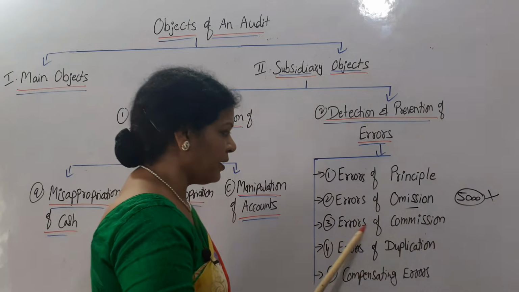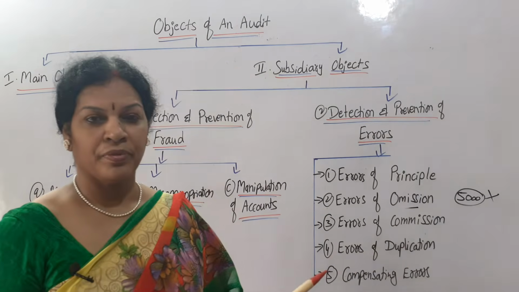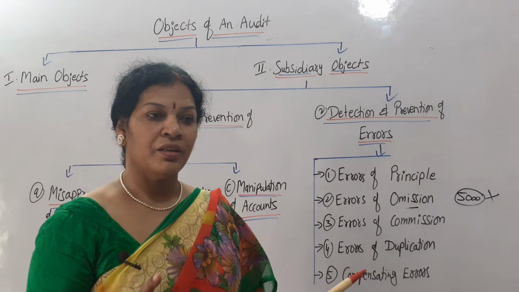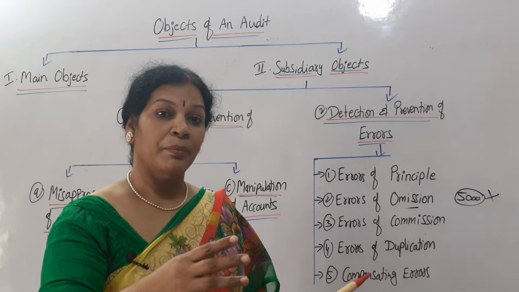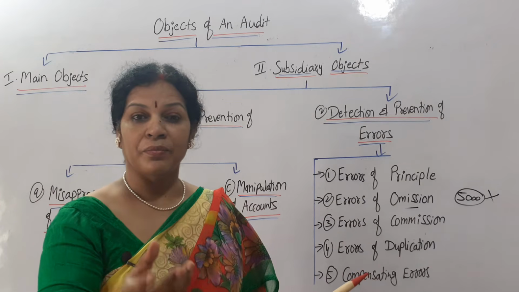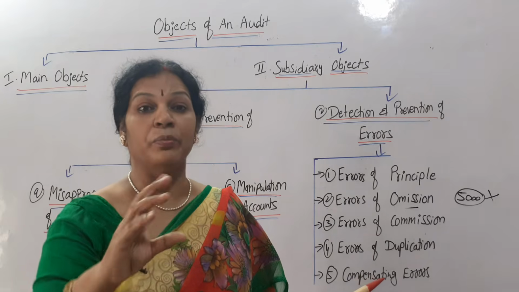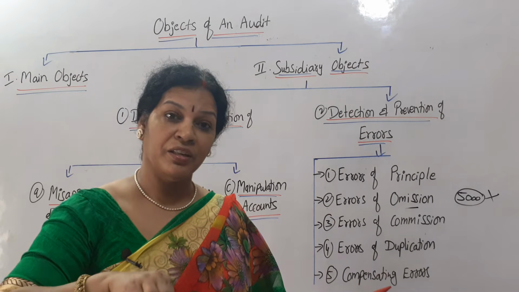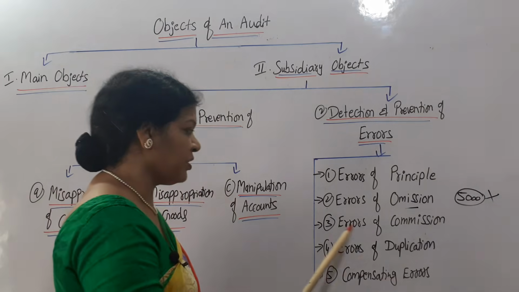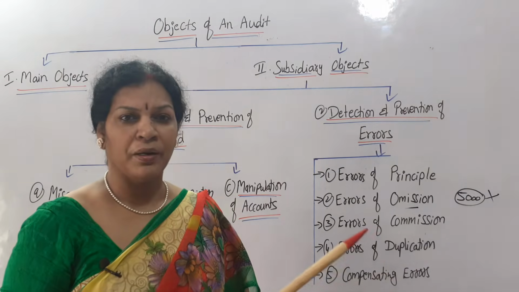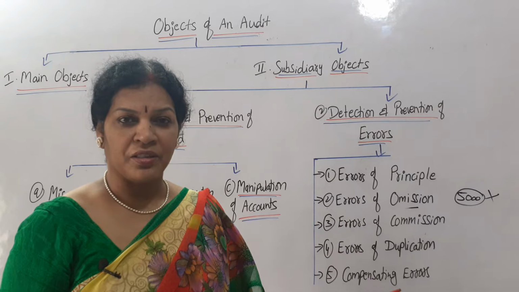In the same way, next one, errors of commission. Errors of commission means the entry is partially written, partially omitted, or otherwise partially written wrong. So any of such cases we can call errors of commission. Partially that mistake happened.